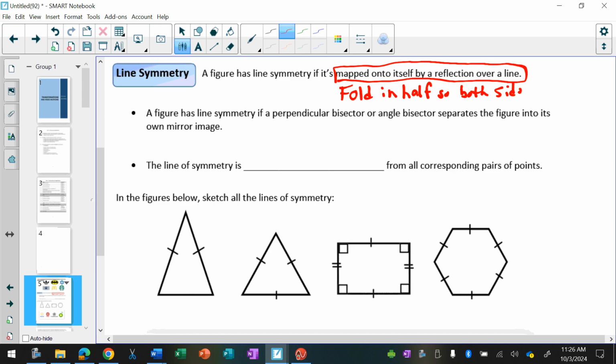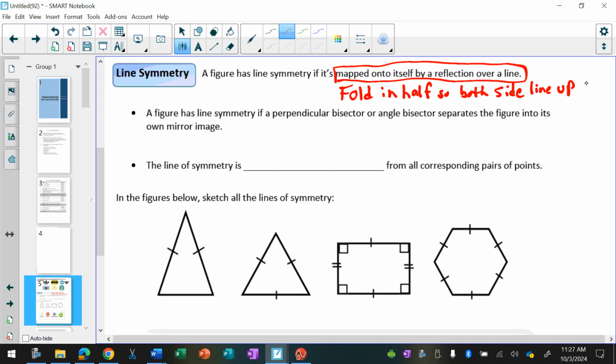If you fold it in half so both sides line up, fall on top of each other, then it has line symmetry, like your regular piece of paper that you're writing on. You take that piece of paper and fold it, do the hot dog fold or the hamburger fold, you can fold it in half. You can take any generic rectangle and fold it 2 ways and it maps onto itself.